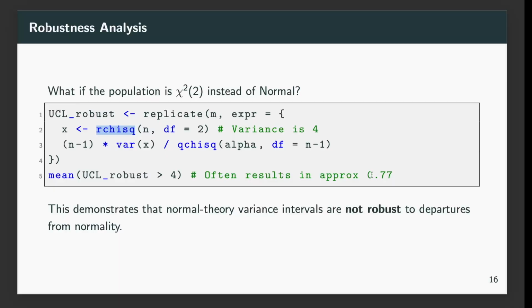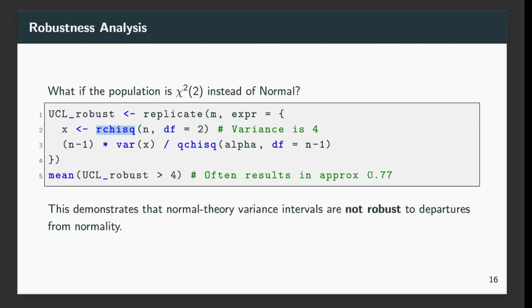The actual coverage of the interval is only 77%, or maybe in your case 76 or 78%, but it will be very close to 77%. It will only cover 77%, not 95%, which means that 23% of the time the interval will miss the true variance, even though you claim your alpha at a 5% miss rate.